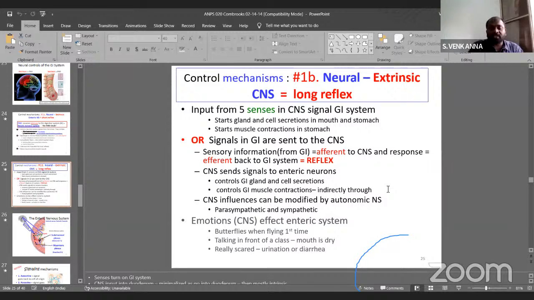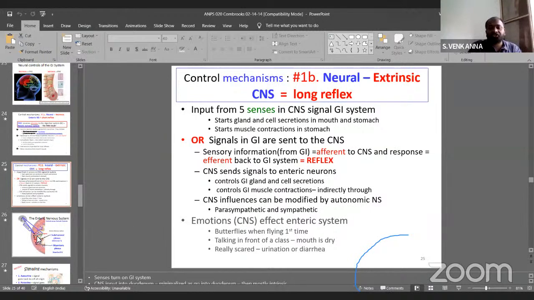through the mucous cells. The CNS influence can be modified by the autonomic nervous system, so it is autonomic, parasympathetic, and sympathetic. Emotions affect the intrinsic systems: butterflies in the stomach, a minute before talking in front of a class, a dry mouth, and even urination and diarrhea.